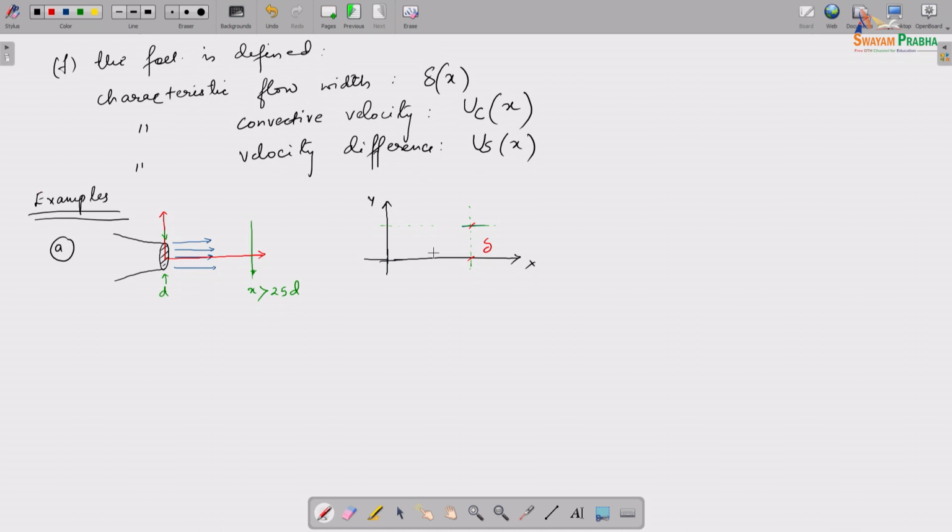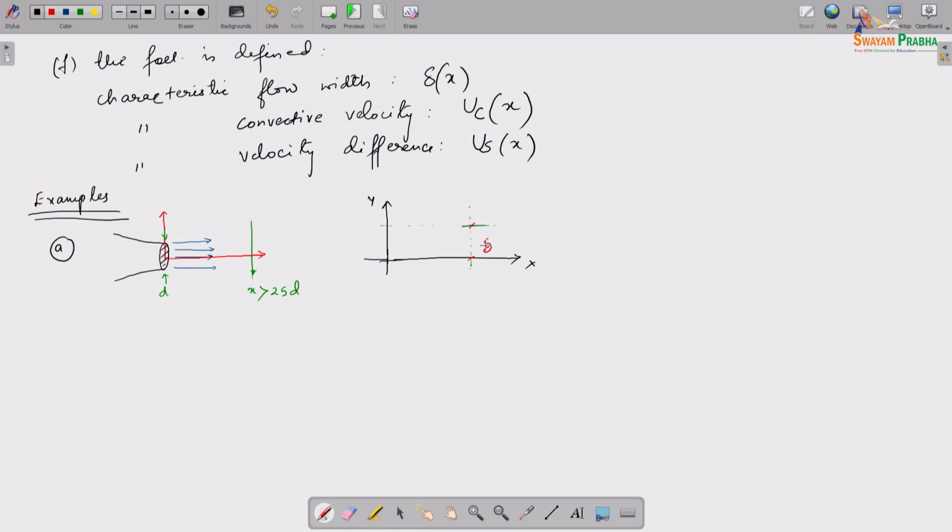Okay. So at some location, say I have the spread in this y direction as delta, right? And I have a convective velocity and the velocity difference.